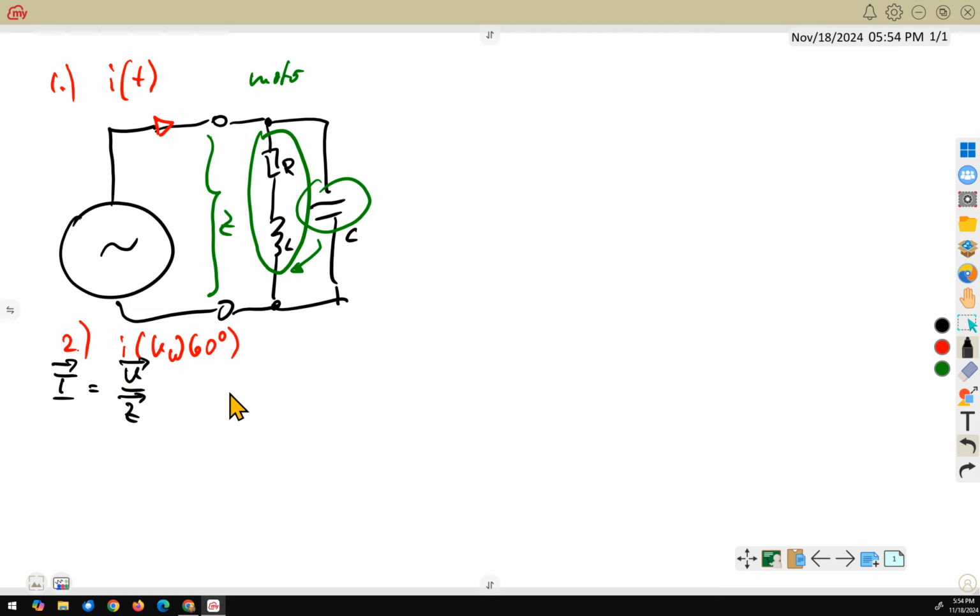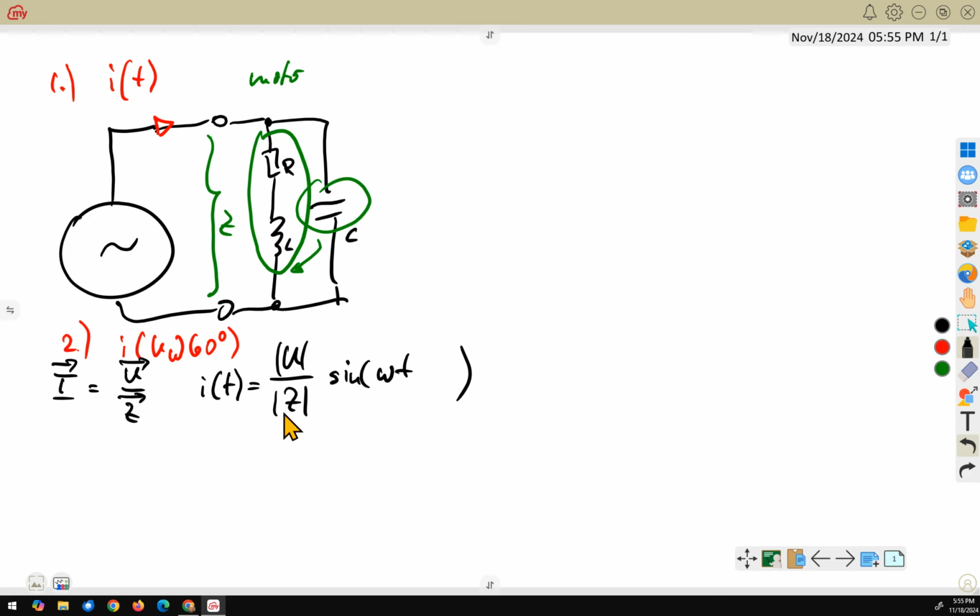We have a sine wave, so we can say I as a function of the time is something with the sine of omega t. What is the magnitude? In this case, it's the magnitude of the voltage divided by the magnitude of the impedance.